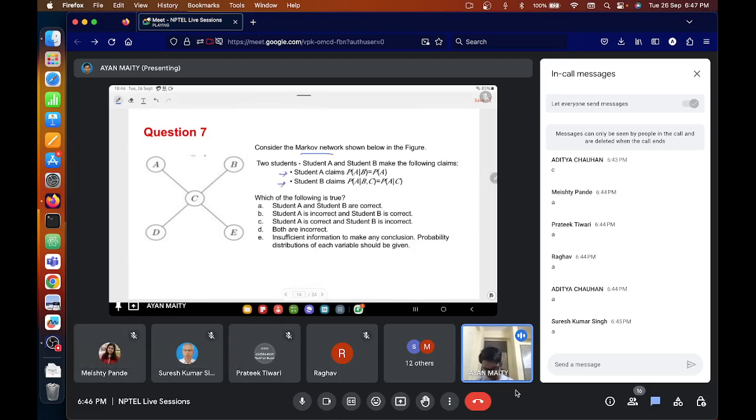First student claims that probability of A given B equals probability of A, and second student claims that probability of A given B and C equals probability of A given C. So you have to find out whether both the statements are true or one of them is true or both are incorrect.